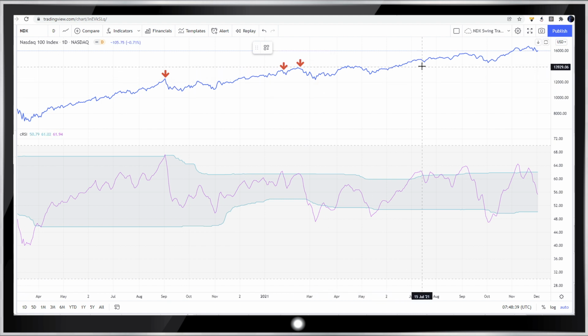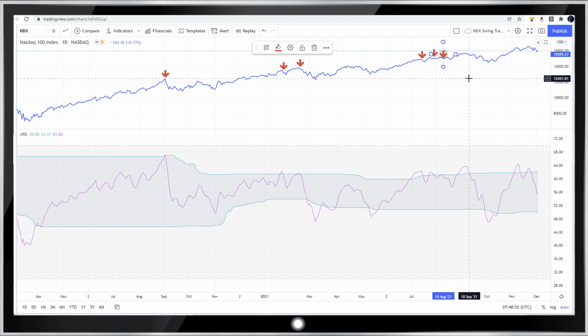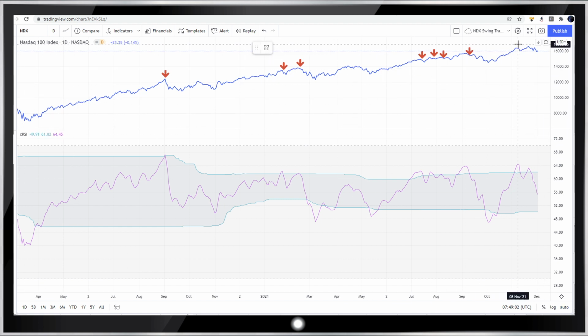Then we saw it, here we have more or less triple, here and here. So then here, and now finally, we got our sell signals here and here.